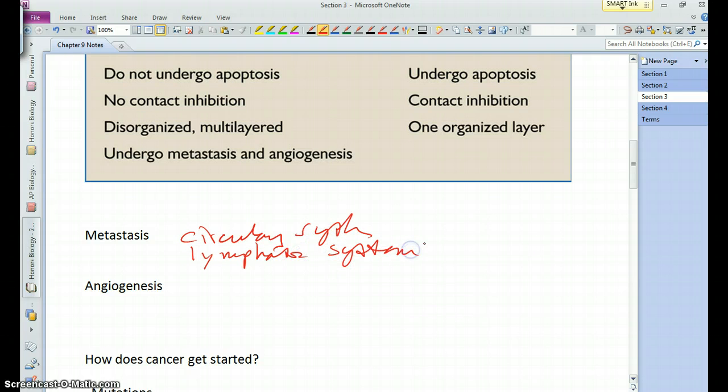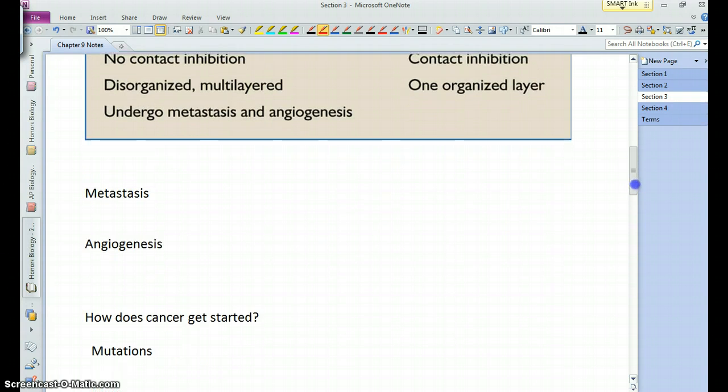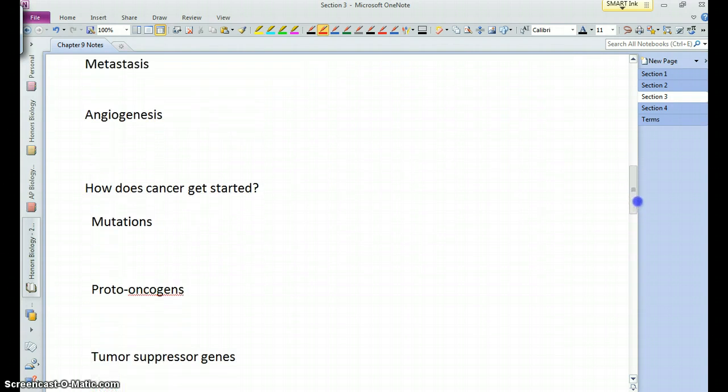And you may have heard of lymph nodes. You have them throughout your body. It's not uncommon for a metastasizing cancer, those cells, to spread to lymph nodes and get deposited there and begin forming new tumors. Again, angiogenesis is when the tumor stimulates the growth of blood vessels into the tumor.